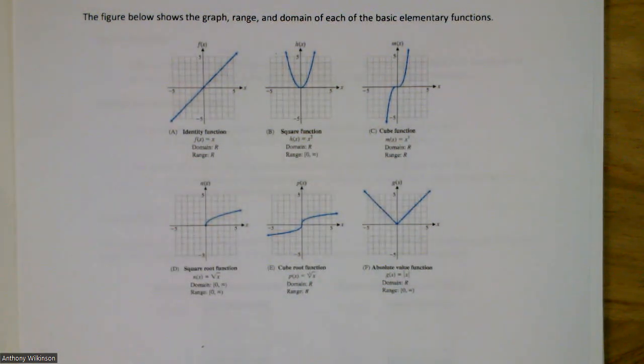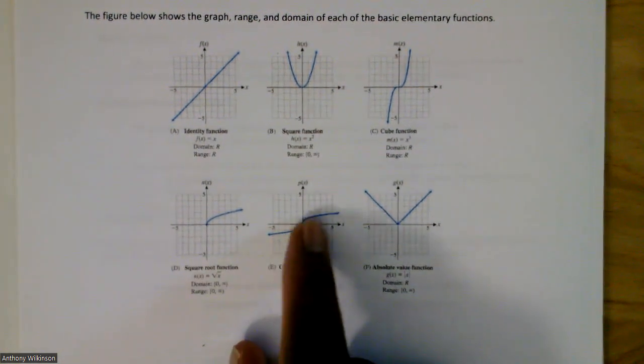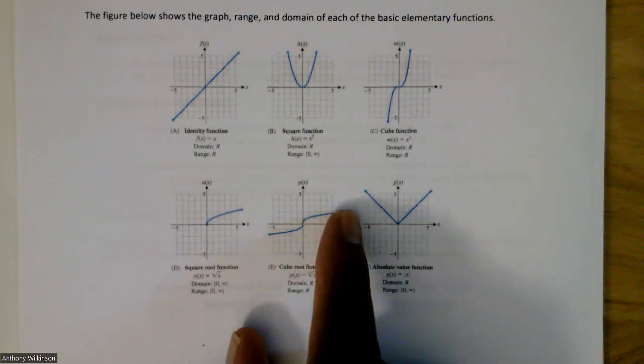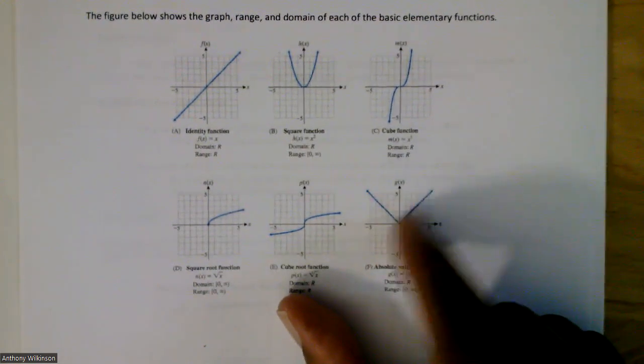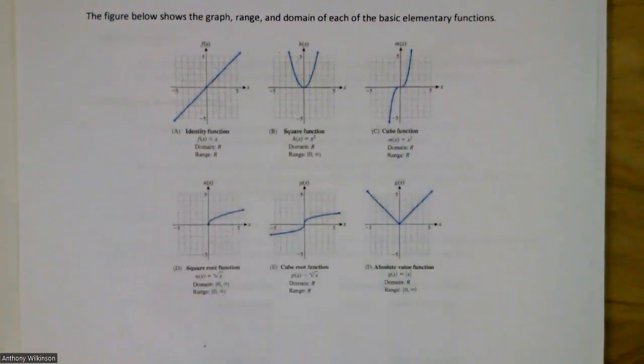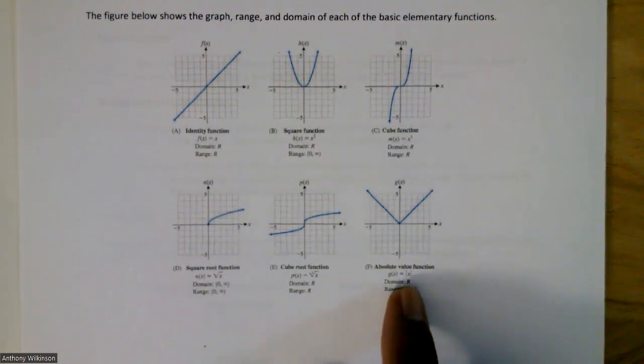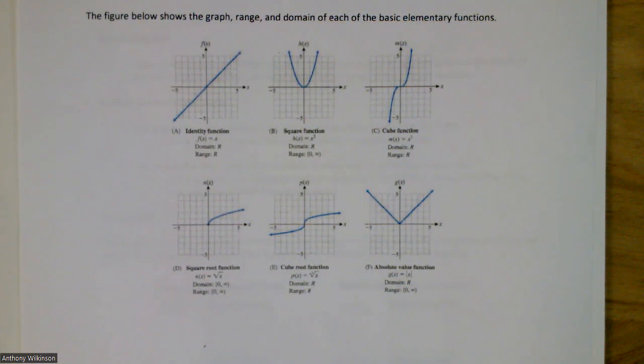Also, the cube root function, that's the cube root of x. The graph of that looks like this. And in this case here, the domain and the range are going to be the set of all real numbers. And then finally, we have the absolute value function, which is the V-shaped graph. That's what the absolute value function graph looks like. And that's going to be something like g of x equals the absolute value of x with those absolute value bars.